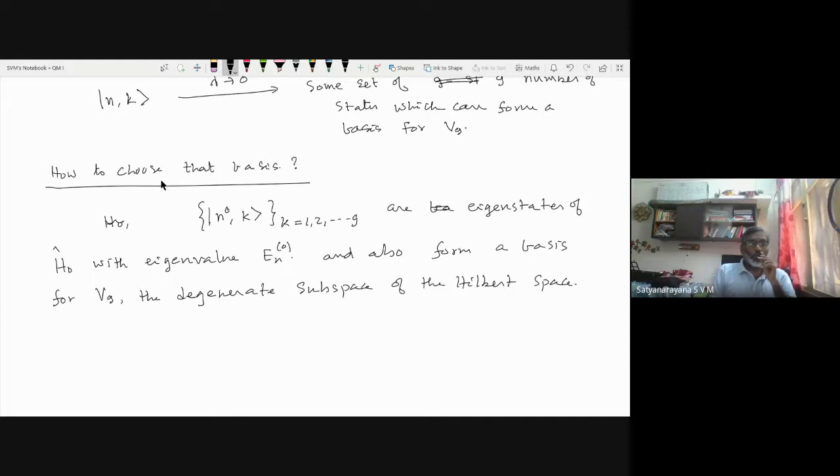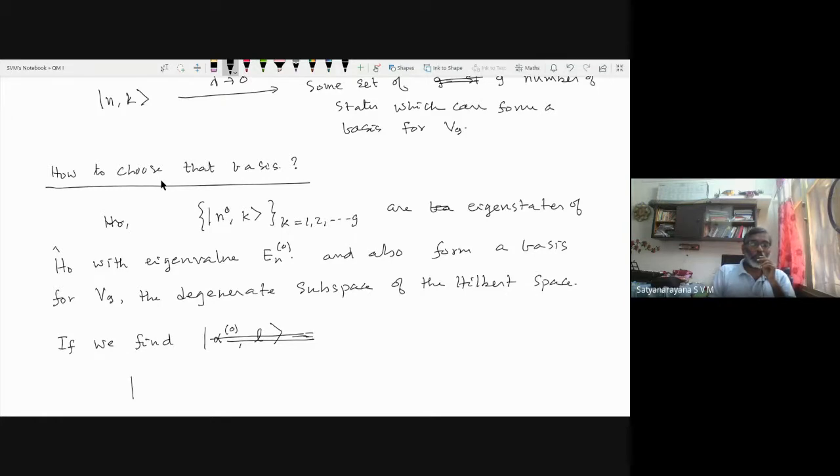Now you can ask a question: suppose we find some state, I do not know what symbol to use, let me say alpha 0, comma L as a state. Okay, maybe I can simply call it n0.